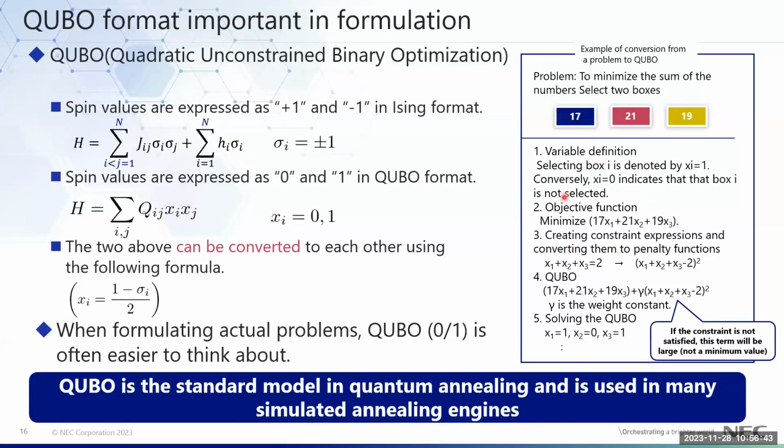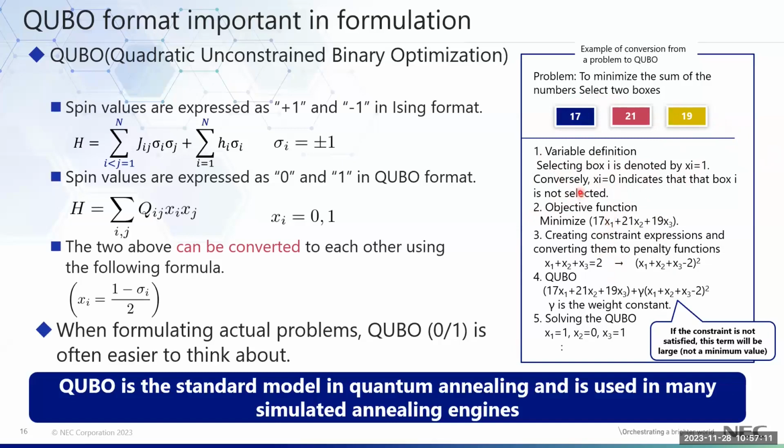And here you see a simple conversion. Now the problem here is to minimize the sum of the numbers selected. There are three numbers, and you have to select two numbers in a way that the sum of them is the least. The variables can be defined by selecting a box: xi is 1 if your box is selected, and xi is 0 if the box is not selected.